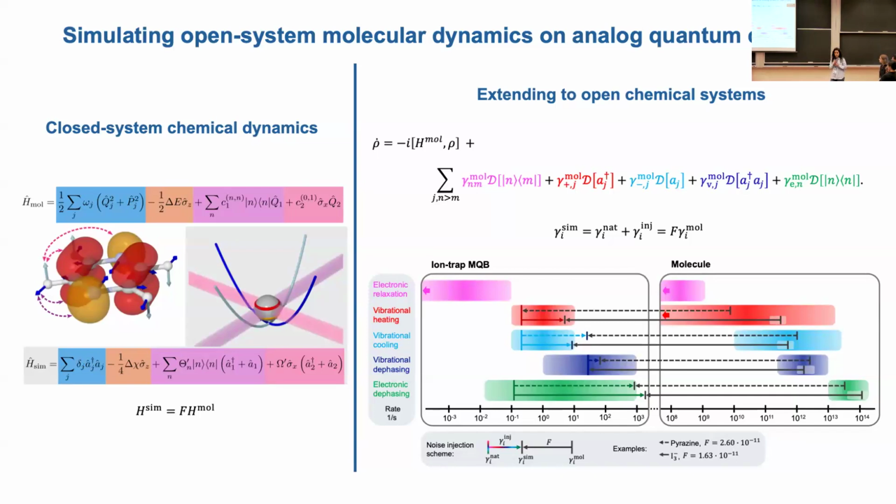We are now extending this closed system simulation into an open system simulation where we have included control dissipation and the native dissipation of the simulators such that we can simulate a molecular system, including the environment. So if you are interested, please come see my poster and talk to me. I'll be happy to discuss it.